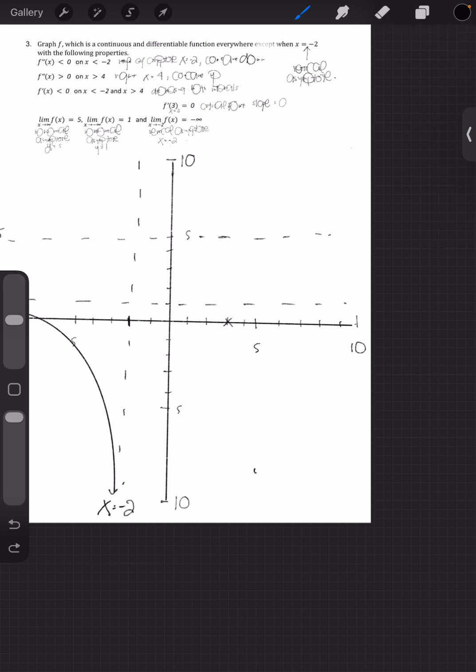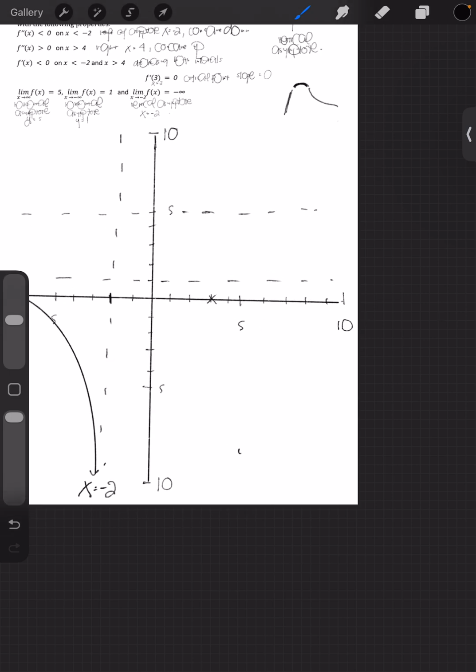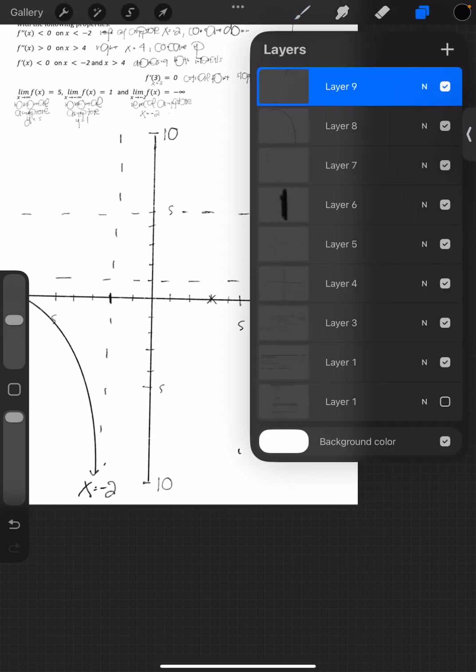It will be decreasing and concaving up to the right of x equal to 4, and then we will have a slope of 0, and we know that the rest is decreasing, so something like that, but we can draw that on our graph here.